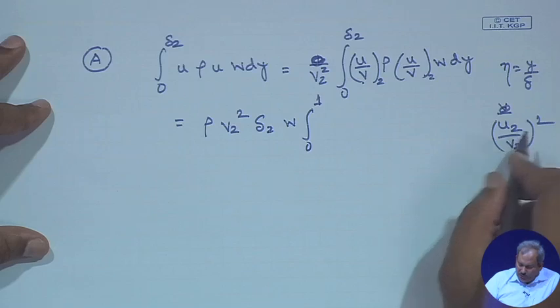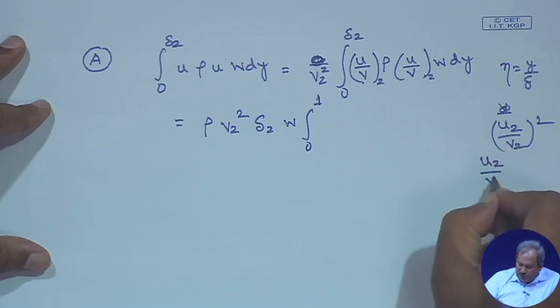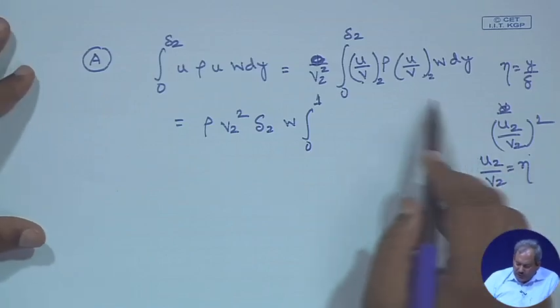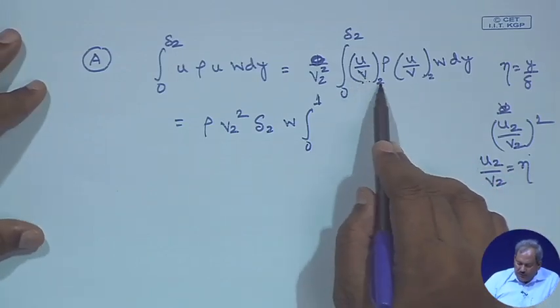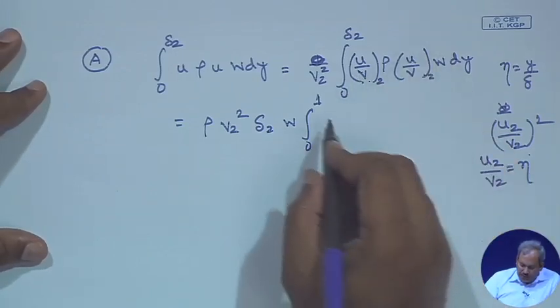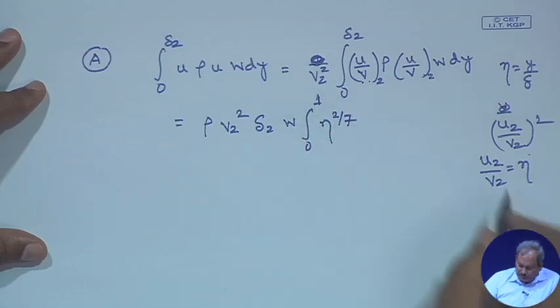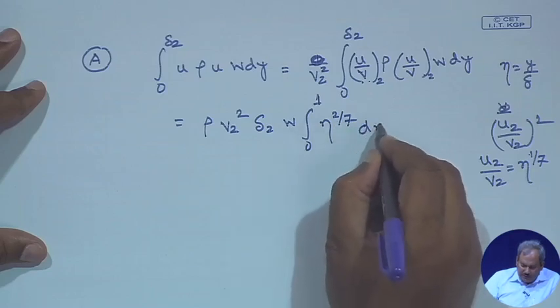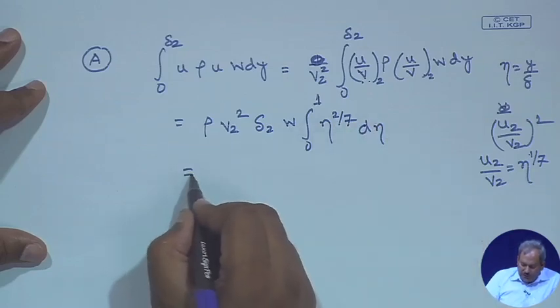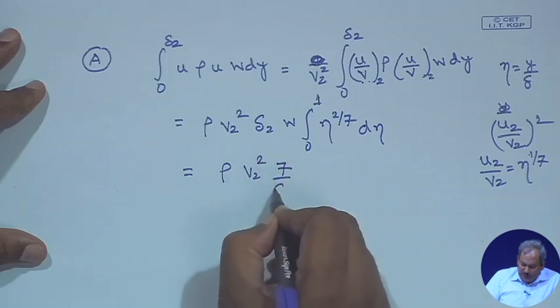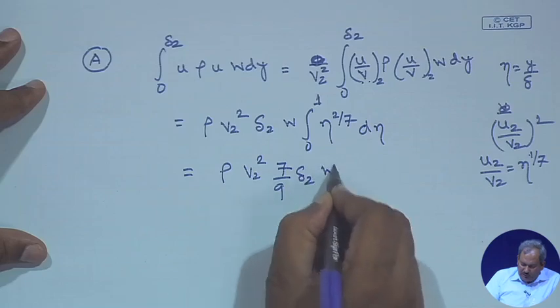Since it is following the 1/7 power law, u2 by V2 is simply going to be eta. So, u by V at location 2, square of that, would simply be eta to the power 2 by 7, times d eta. So, when you perform the integration, it is going to be rho V2 square 7 by 9 delta 2 times w.